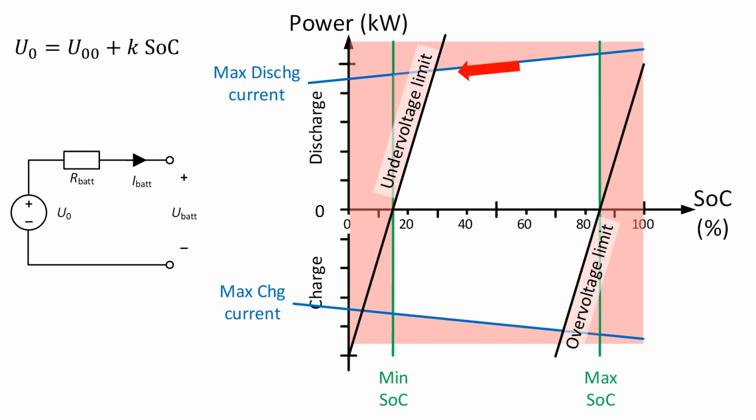To prevent the battery voltage from falling below the minimum limit, the discharge current will have to be reduced when the state of charge becomes low. By reducing the current when the open circuit voltage drops, the terminal voltage can be kept at its minimum limit. Reducing the current will make the maximum discharge power approach zero as the battery is discharged.